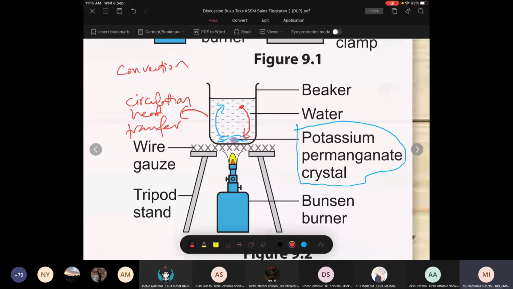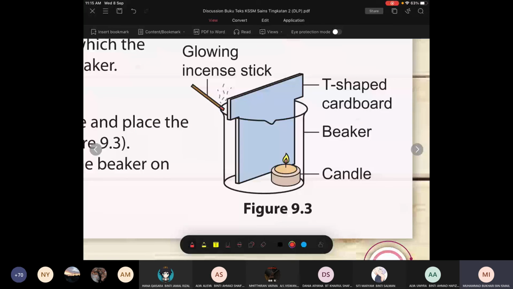This is also convection actually. What we are doing here, can you look carefully? We have a T-shaped cardboard, which is blue. Actually, there is some air space at the bottom here. It doesn't cover to the bottom.